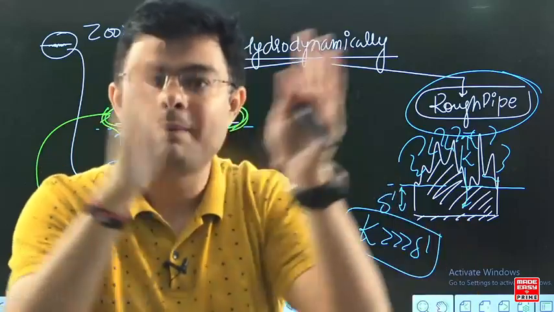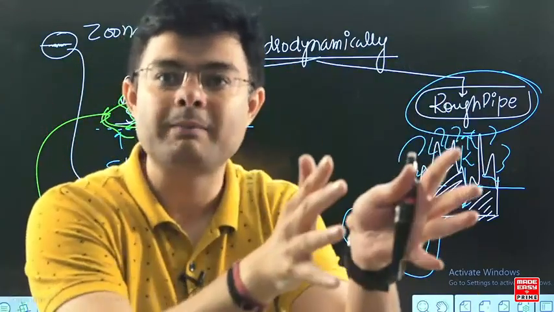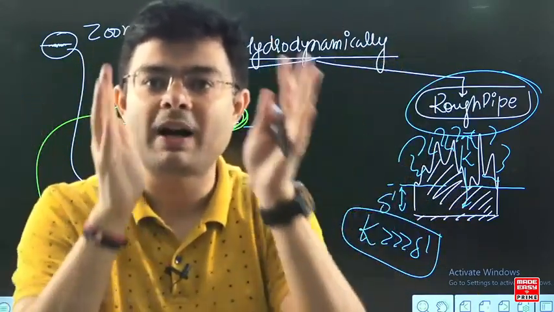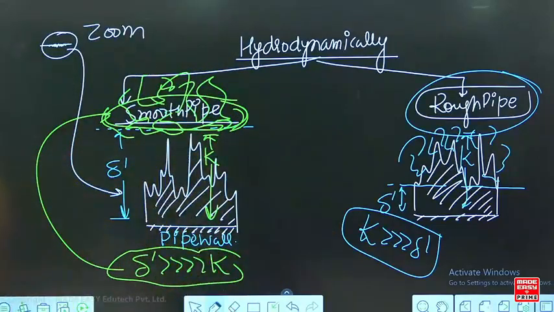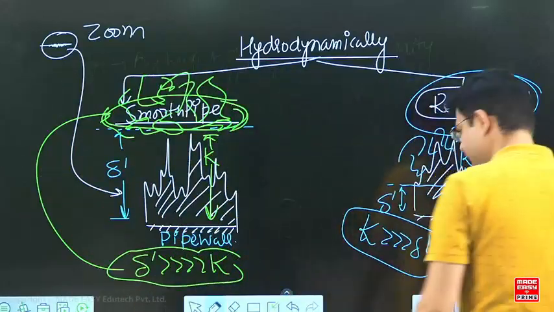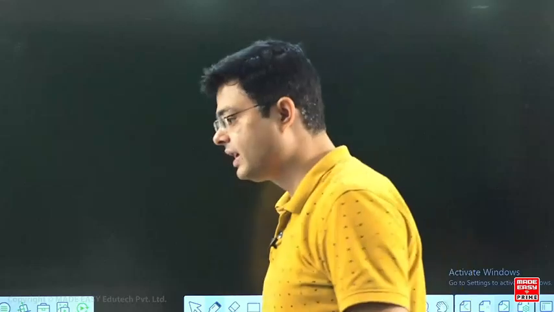So the same pipe under a certain flow can behave as smooth, same pipe under a certain flow can behave as rough. Very good. Yes. Everyone is correct. So from today onwards, if in any examination he is asking you what is smooth and rough, something like that, you can give the answer.